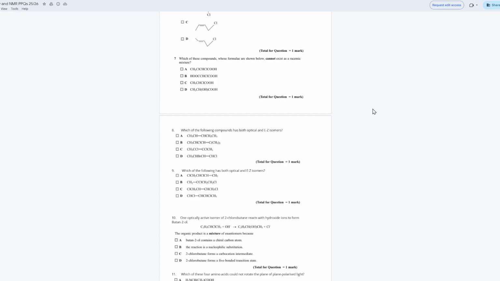Which of the following has both optical and EZ isomers? Chlorine, CH2, CH. This is the same question, but without the word compounds in there, and I think it should be similar in difficulty. Well, let's look.